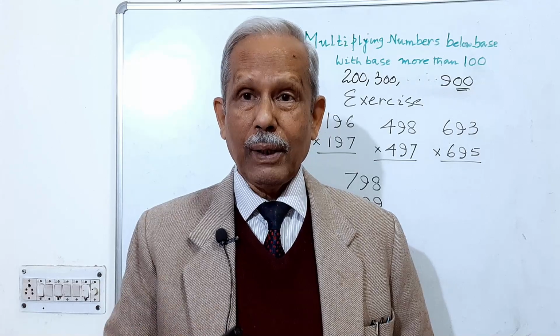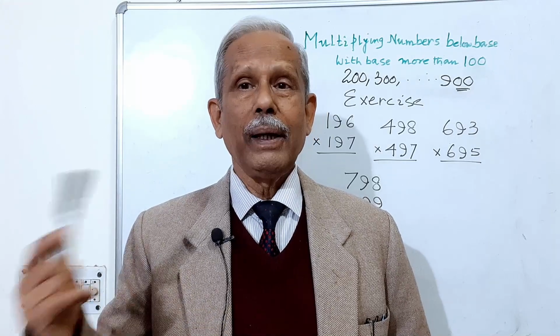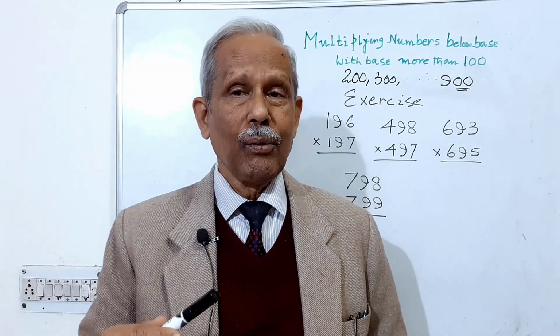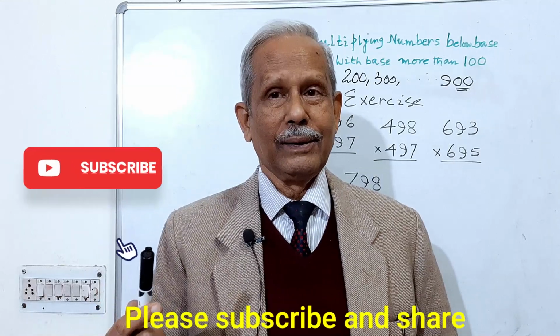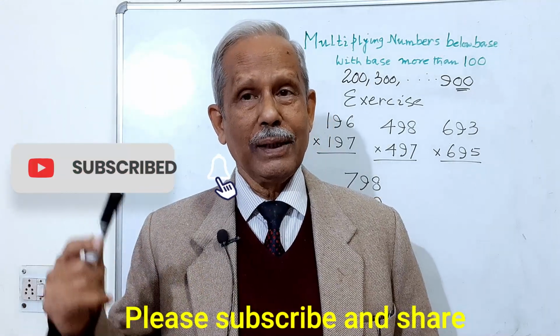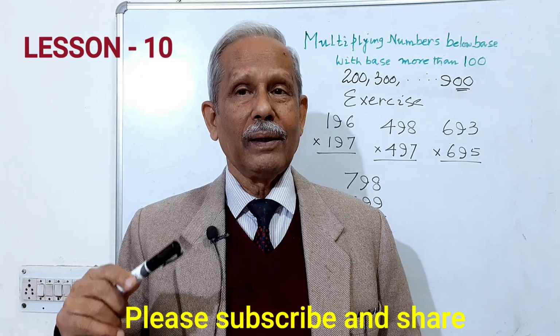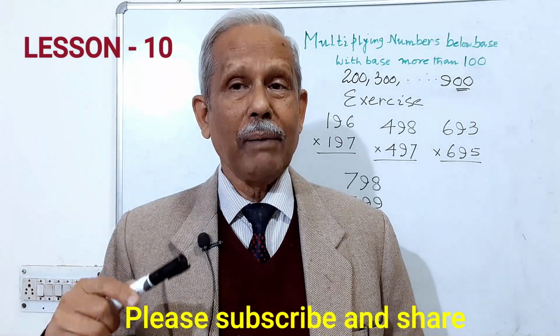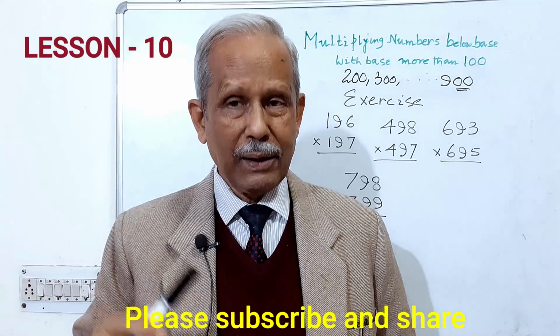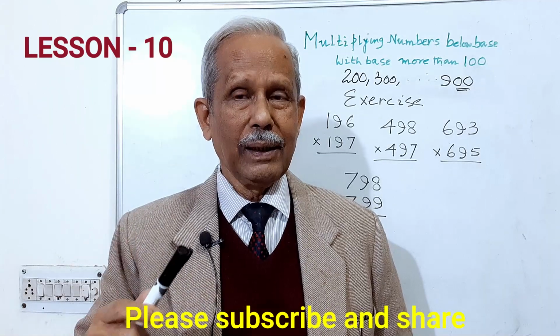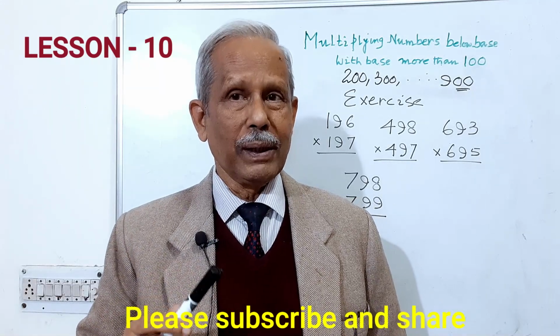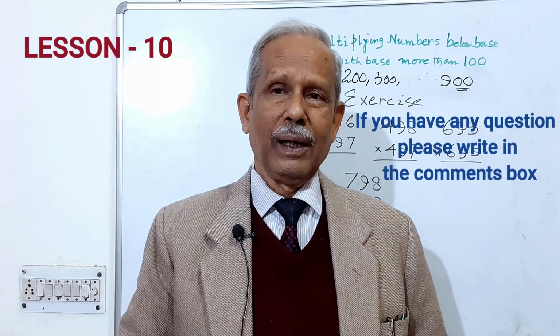The base is 20, 30, 40, 60, 70 up to 90, but the numbers are above the base. The only difference is that the number is above the base. Today we have done below the base. That's what we are going to see next time.